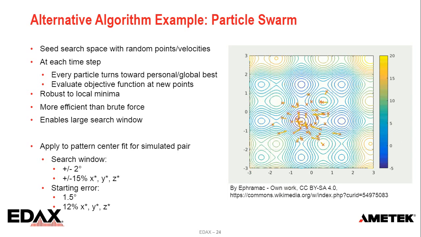And so what I did is I used this algorithm with our faster pattern simulation to do, here you can see, a pretty large search window in both orientation and in a very large window in the pattern center fit itself. I started off the first pattern with a relatively large error, and here on the next slide is the result.